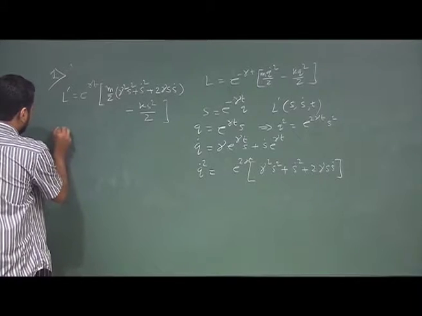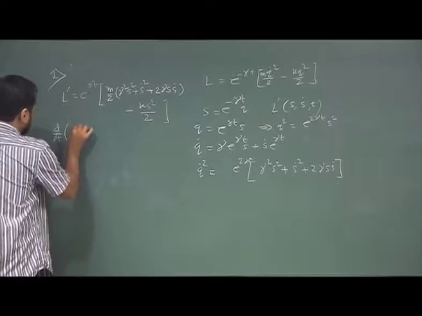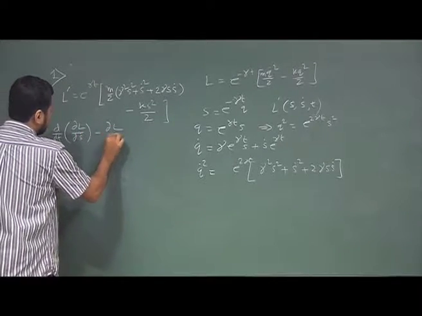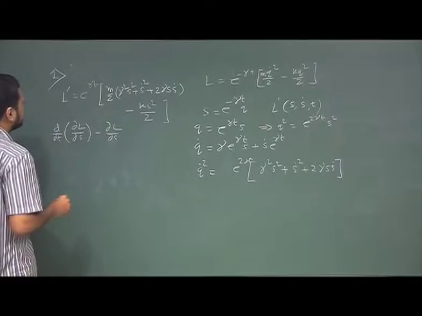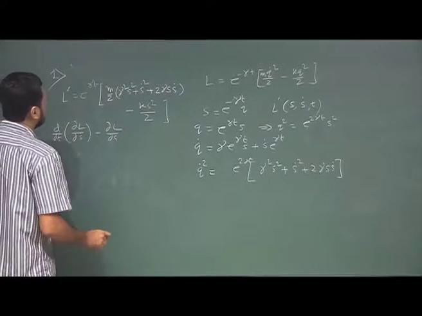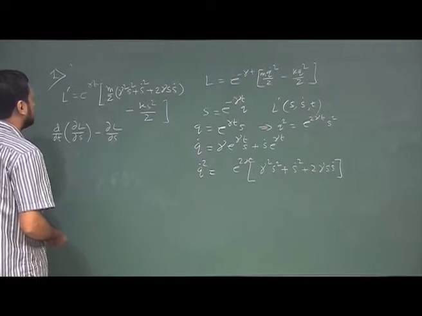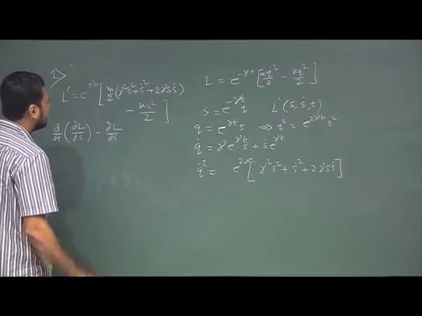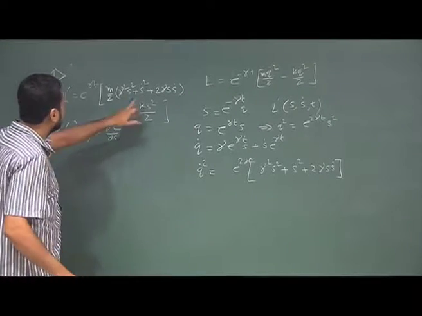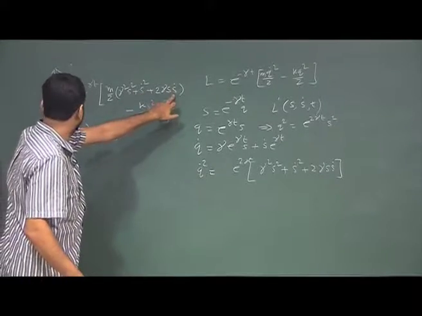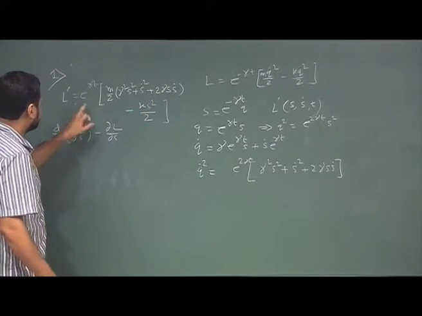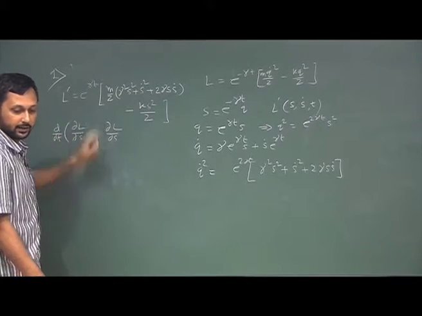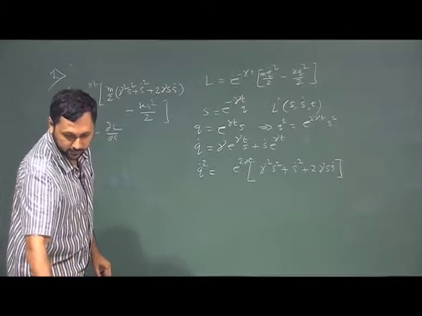The second part is we have to do d dt of del L del S dot minus del L del S. This is a little longer, but I think you can also do it yourself, because we have one S dot term here, and please remember each of the terms will be multiplied by an e to the power gamma t.